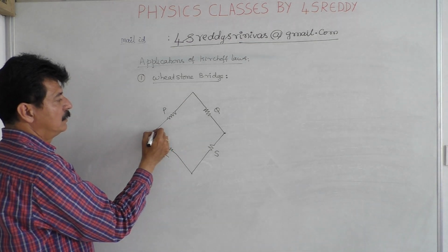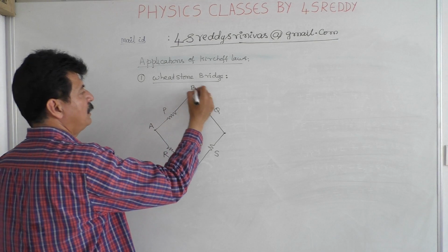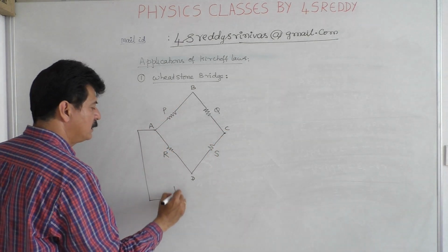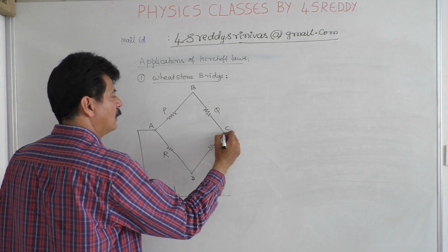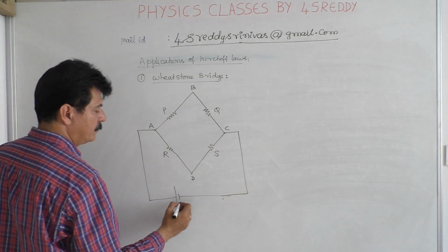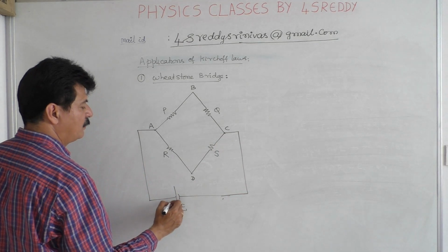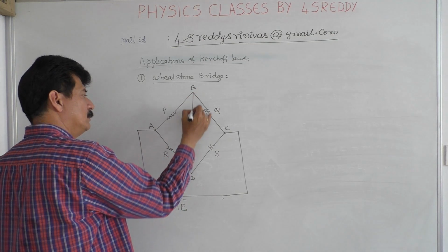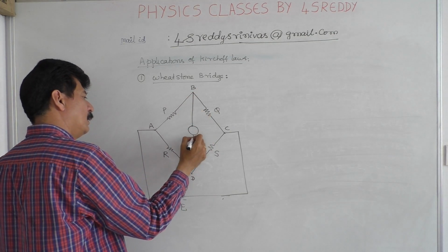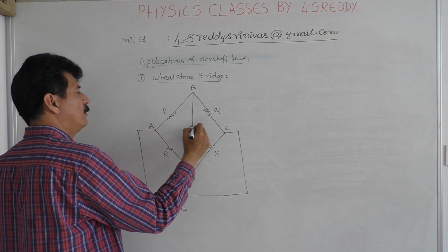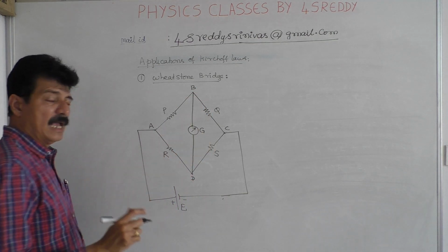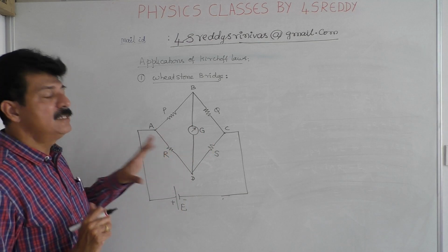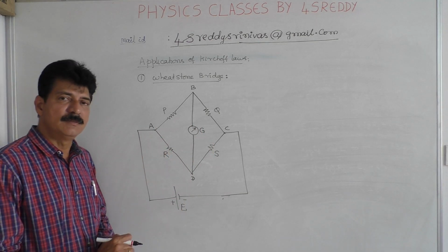And now, these are the terminals A, B, C and D. Now the terminals A and C are connected to a cell of EMF capital E, and the terminals B and D are connected to a galvanometer of resistance capital G. This arrangement is called the Wheatstone bridge.